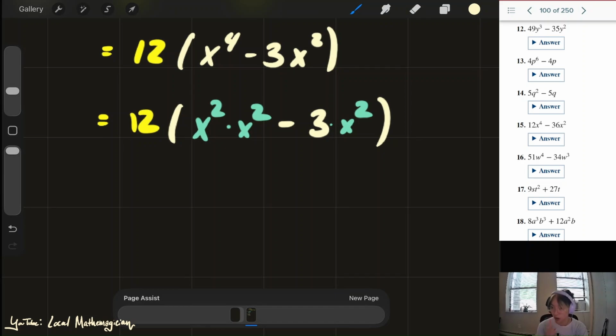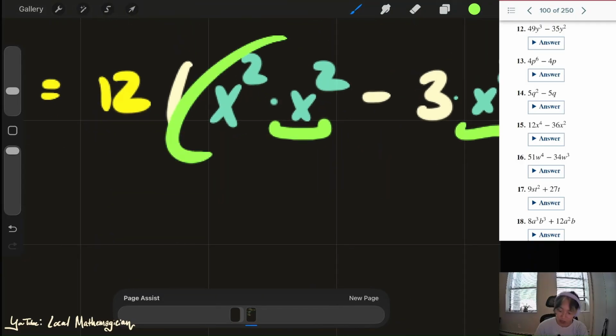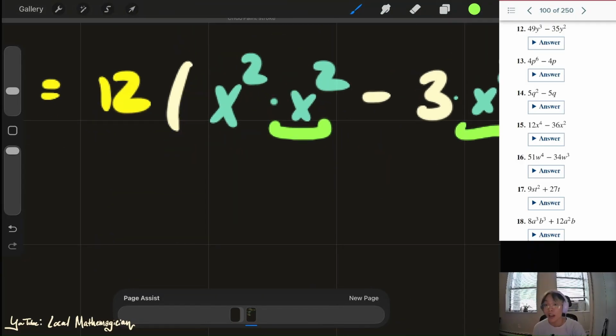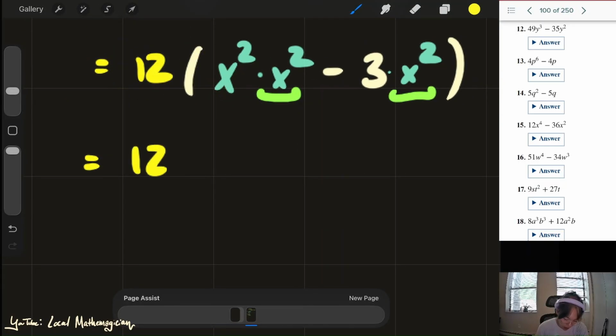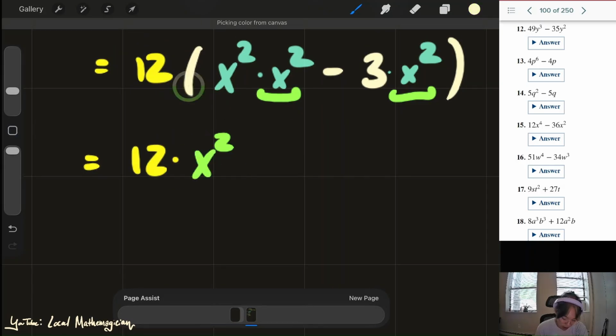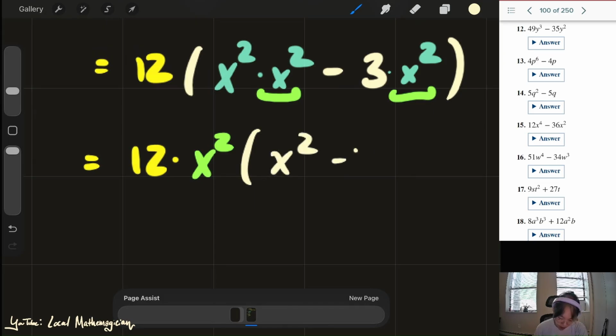Just one, though, right? You only want to take 1 out because we're playing a matching game, yeah? You don't want to take this. I mean, you can. Just pick 1, okay? And that's going to leave you with 12 times x squared minus 3. Cool!